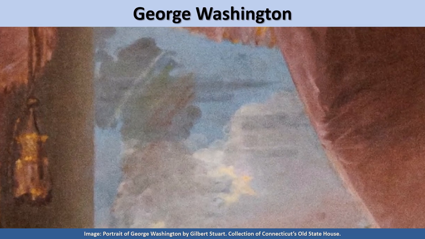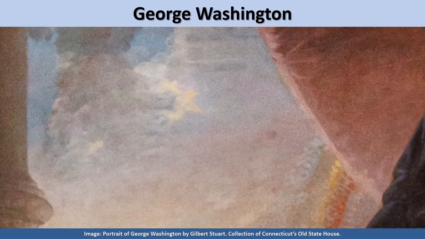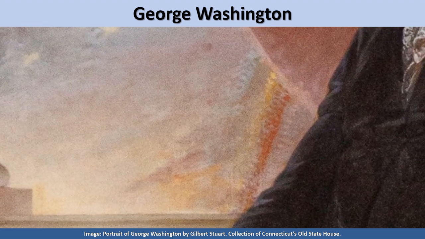Dark clouds in one corner of this window represent the difficulties faced by the 13 original colonies leading up to the Revolutionary War and the troubles the American colonists had to contend with during their struggle for independence. Sunlight and rainbows in the other corner of the window, closer to where Washington is standing, represent the end of the war and the promise of peace ahead.